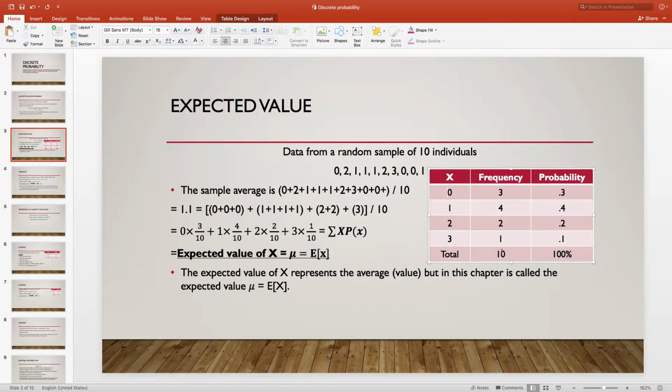So the total number was 10. If I put this into probability, I just take 3 out of 10, 4 out of 10, 2 out of 10, and 1 out of 10. And that adds up to 100%. So that's always a check that you have a probability. This is called a probability distribution of a discrete random variable X, where X is the number of cats owned by a randomly chosen individual.